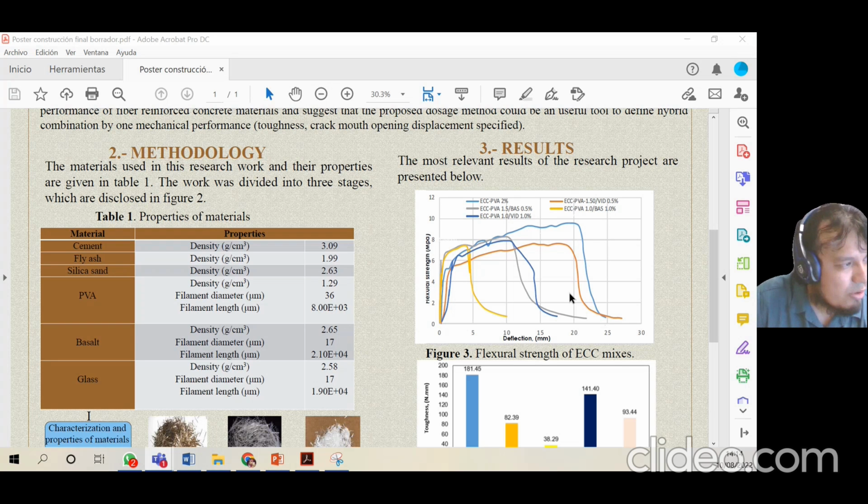But in this figure, we can observe that the better performance was using only one type of fiber. But if you observe the series that contained polyvinyl alcohol at an amount of 1.5% and glass fiber at an amount of 0.5%, we obtain a behavior similar to that obtained for the series with only polyvinyl alcohol, right?